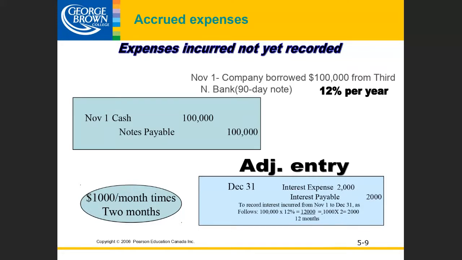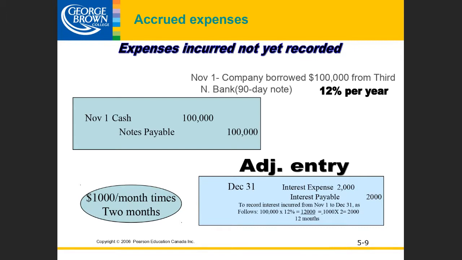It's a 90-day note, which means it's payable within 90 days or 3 months. Because this is what we would consider a short-term loan, due back within one operating year, this would be a note payable.